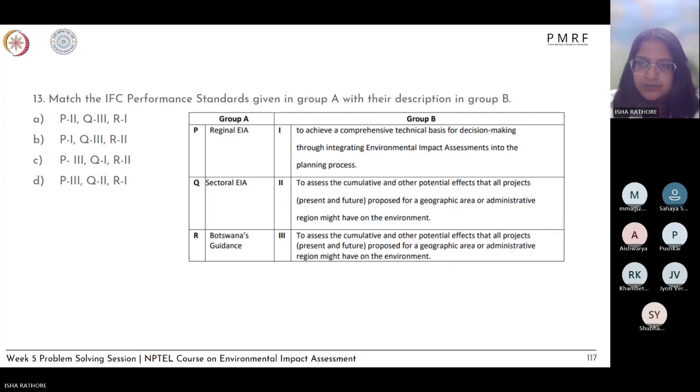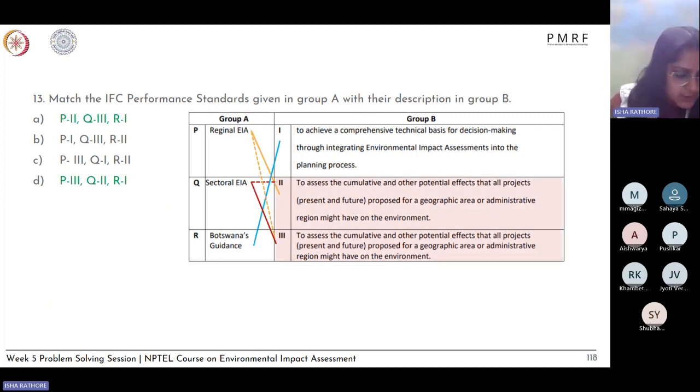Okay, so I think this is also a question which can have multiple options. So I think I will just move forward with this question. The options are kind of slightly twisted.